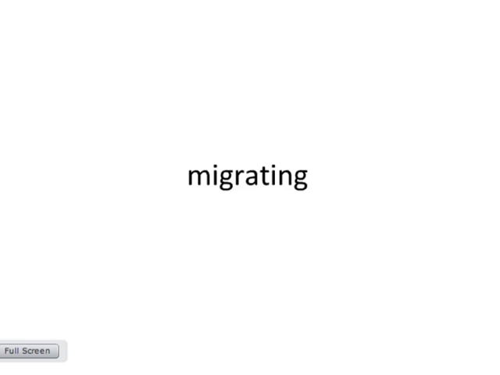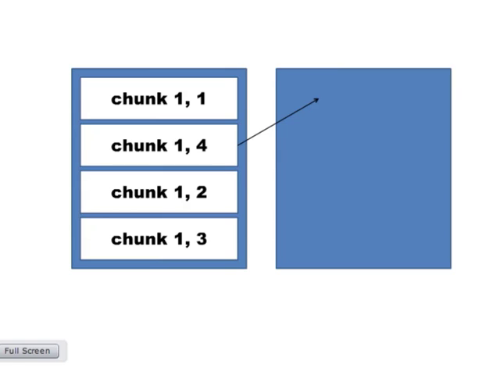So how migrations work is we have a shard, and we want to move a chunk from this shard to another shard, say starting at shard 1, moving to shard 2. Shard 1 starts copying data to shard 2.